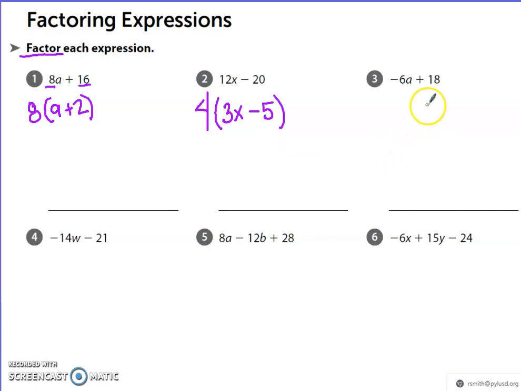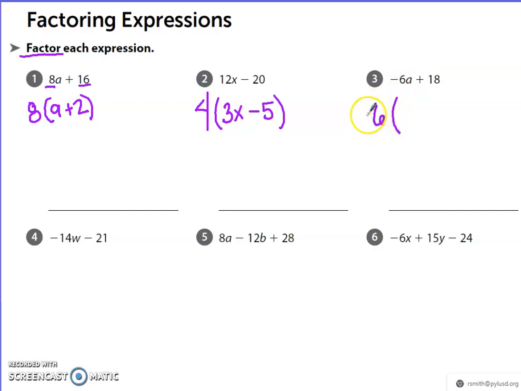Let's try another one. Greatest common factor of 6 and 18. I'm also going to take out this negative. I'll show you how. The greatest common factor between 6 and 18 is 6. And I'm going to open parentheses. I'll have this negative. What am I going to do with this negative?